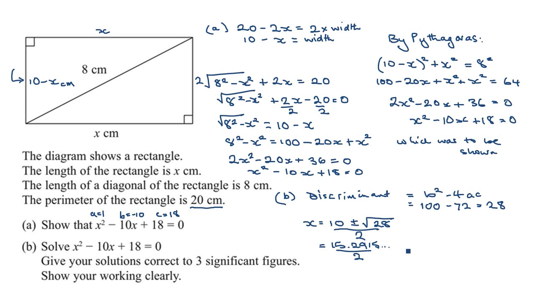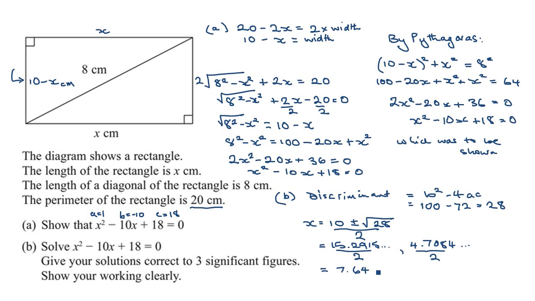The other solution is going to be, let's just put a comma here, and it gives me 4.7084 dot dot dot over 2. So if I halve these values, my answer is 7.646.